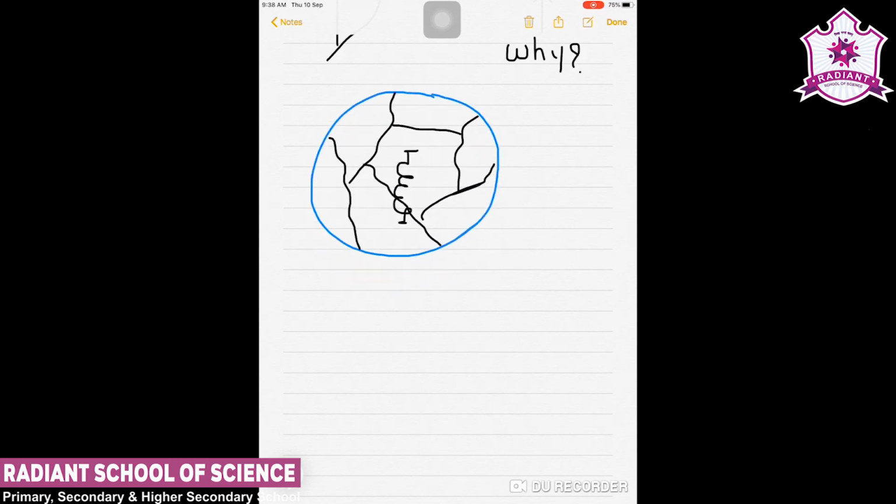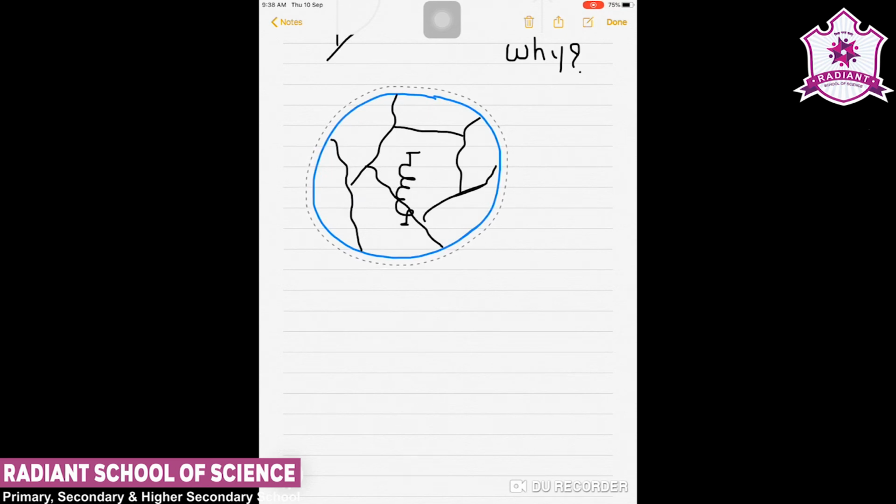So the stored energy of the earth, the potential energy, is the energy stored by virtue of the position or configuration of a body. The body left to itself releases this stored energy in the form of kinetic energy.